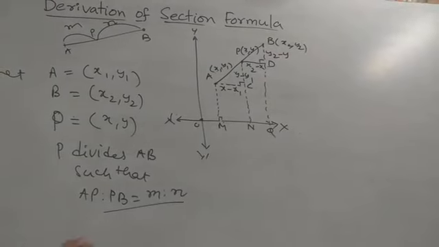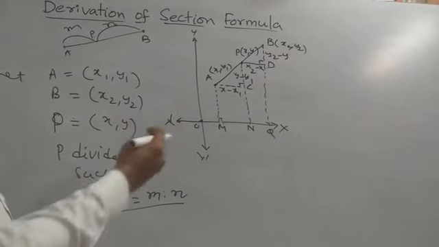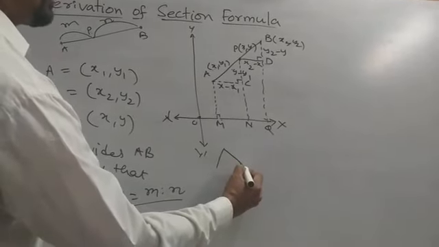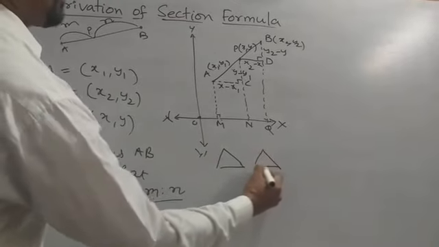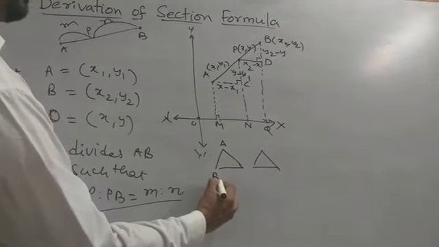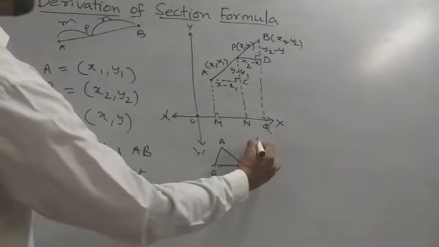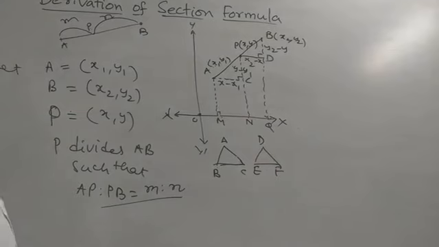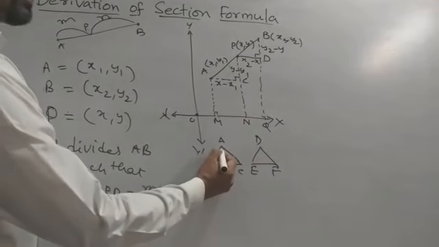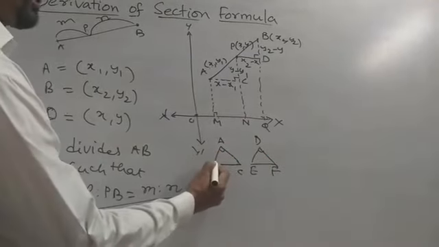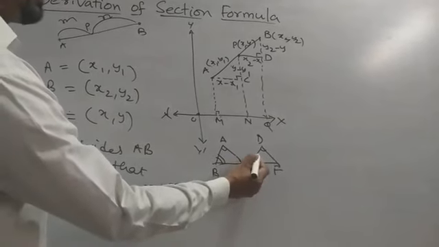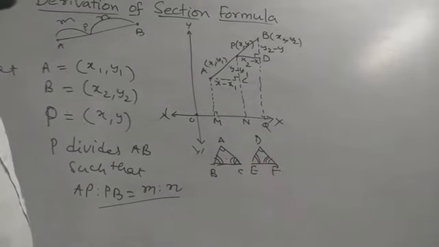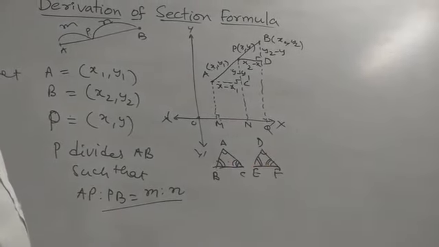Now, before going to the derivation of this formula, let us observe once again the similarity of two triangles. If ABC and DEF are two triangles such that angle A equals angle D, angle B equals angle E, angle C equals angle F, then the two triangles are said to be similar.